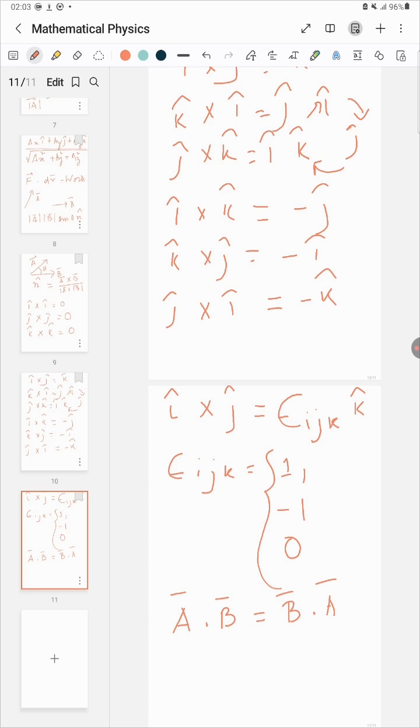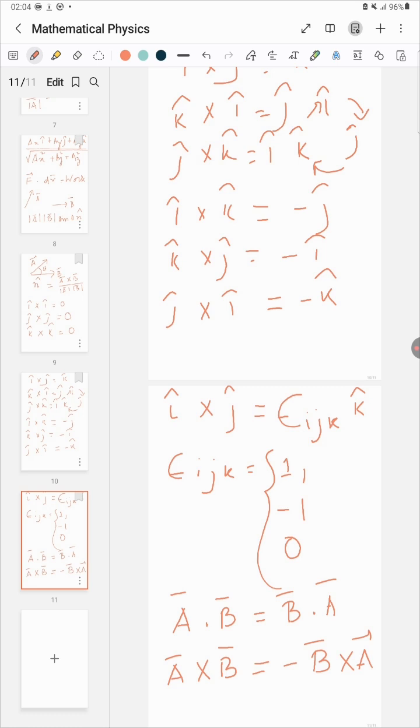While if you try to find out the cross product between A vector and B vector, that would again give a different result. So A vector cross B vector will be equal but opposite. That is, A vector cross B vector is equal to minus of B vector cross A vector, and not equal.